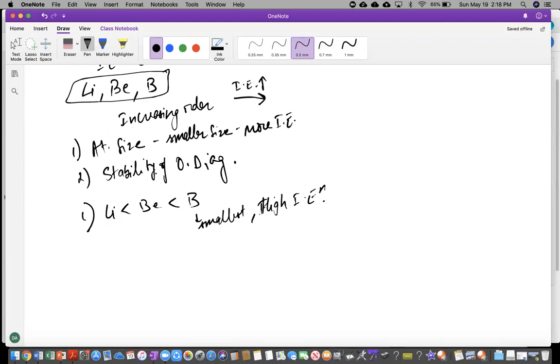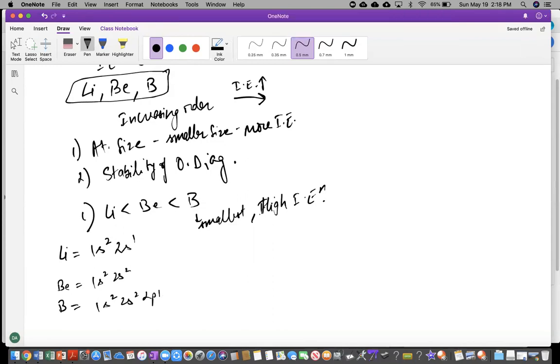Now we have to look at the stability of the orbital diagrams. For each one, you have to draw the orbital diagram. Lithium is 1s2, 2s1. Beryllium is 1s2, 2s2. And boron is 1s2, 2s2, 2p1.